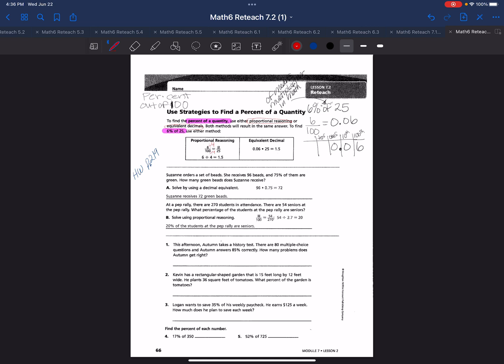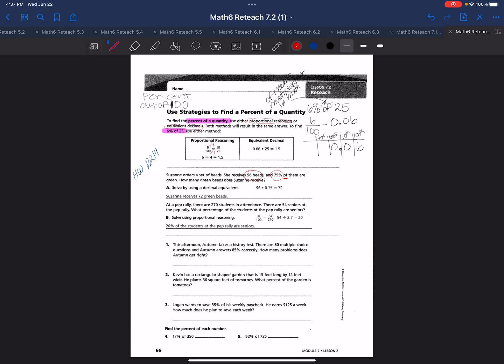Suzanne orders a set of beads. She receives 96 beads and 75% of them are green. See the of here? So we know we're multiplying. There's your percent, and there's your 96 beads.